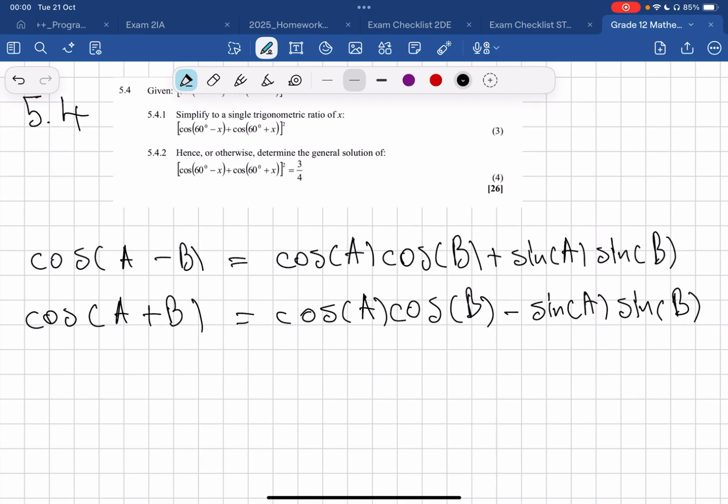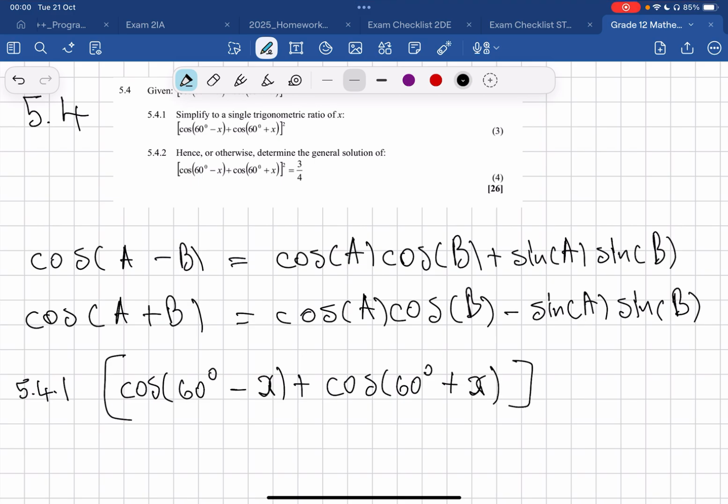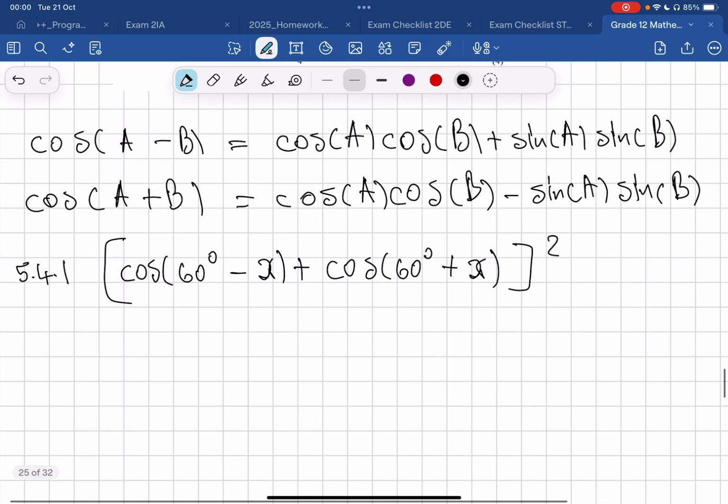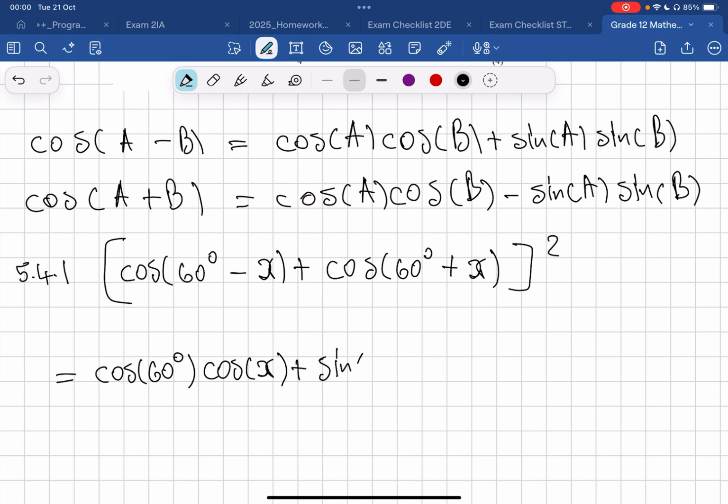So let's first apply this to 5.4.1. We have cos(60 degrees minus x) plus cos(60 degrees plus x), and we want to square everything. So obviously, let's first simplify what's on the inside. This is going to be cos 60 degrees cos x plus sin 60 degrees sin x.